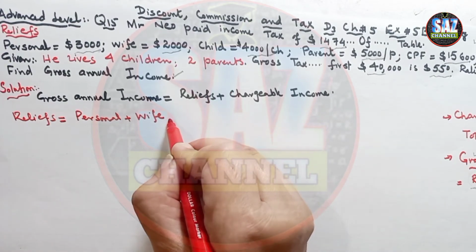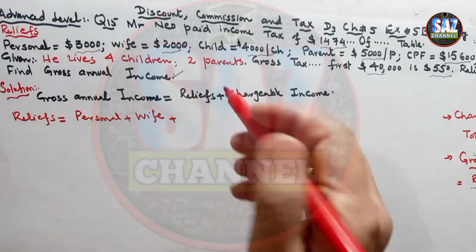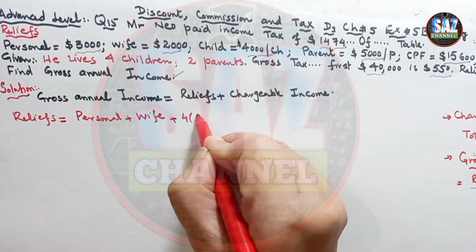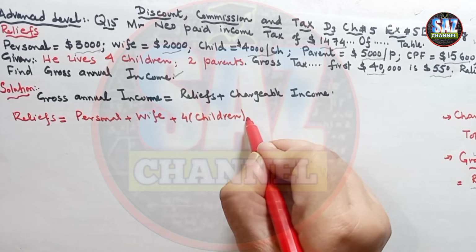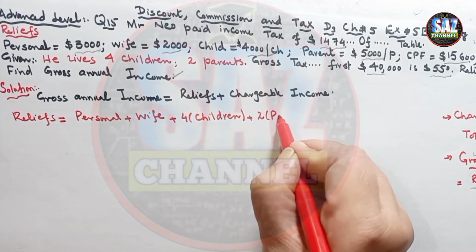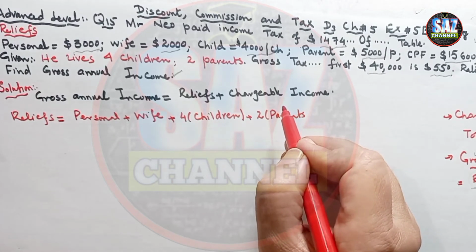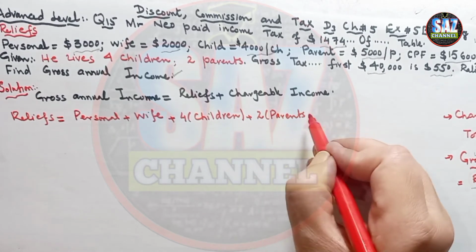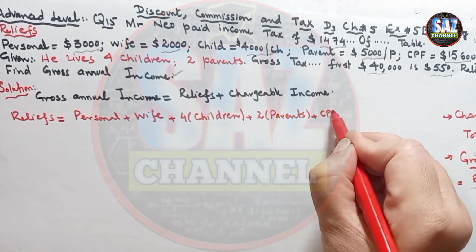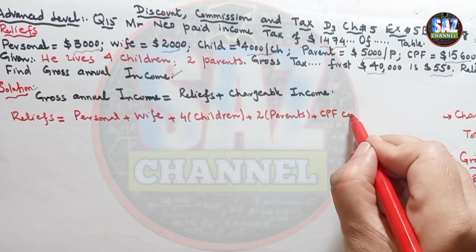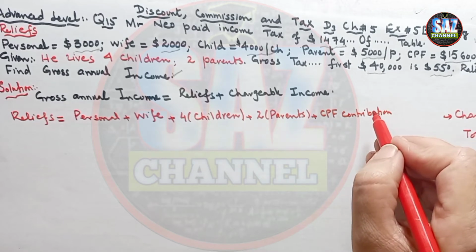Okay, wife, then we can write that he's getting the relief of 4 children, make your own equation, plus 2 parents, and plus furthermore he is paying the CPF contribution, and he is giving some donation as well.